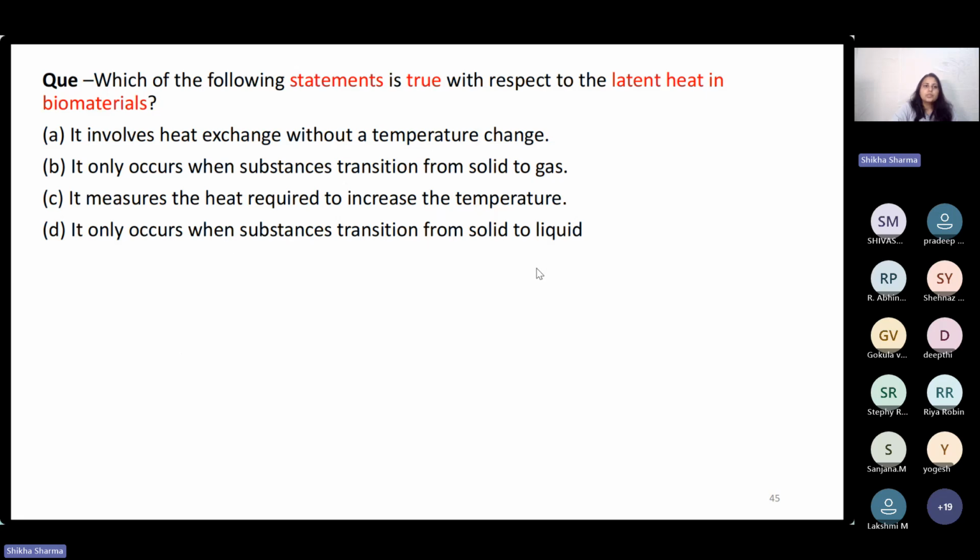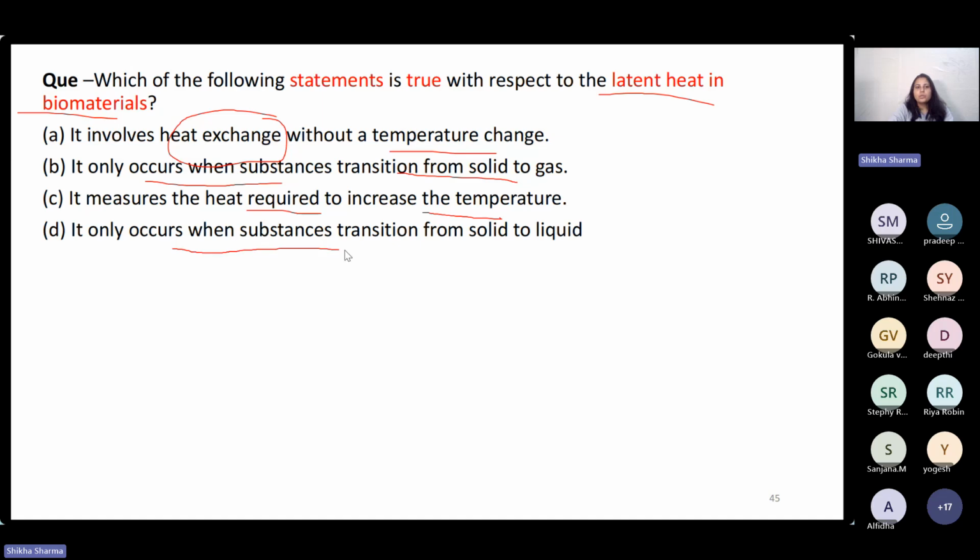Okay, let's move to the next question. Which of the following statements is true with respect to latent heat in the biomaterials? Latent heat involves heat exchange without a temperature change. It only occurs when the substance transitions from solid to liquid. It measures the heat energy required to increase the temperature.